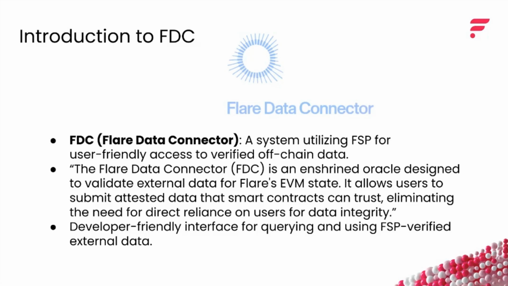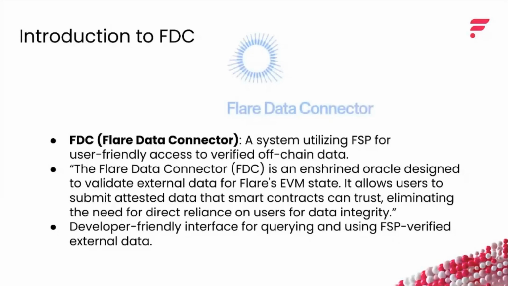Okay, so I'll actually read this here because I'm talking about the FDC in relation to FSP. It allows user-friendly access to verified off-chain data. I'm including the definition right here, which you'll see in our docs, and I'll just read that for you. The FDC is an enshrined oracle designed to validate external data for Flare's EVM state.